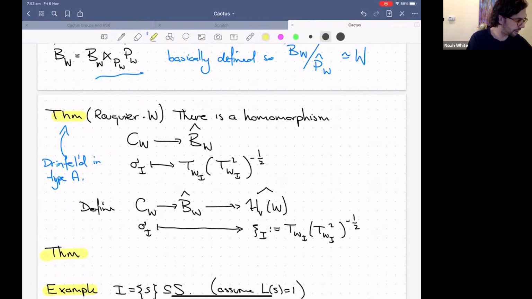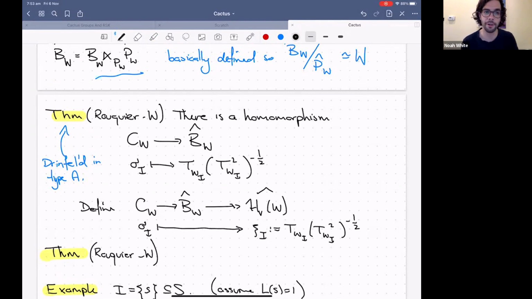So the theorem that I need to say here, the kind of amazing thing, is that this element a priori lives in some completion, but in fact, it doesn't. It lives in the usual Hecke algebra.